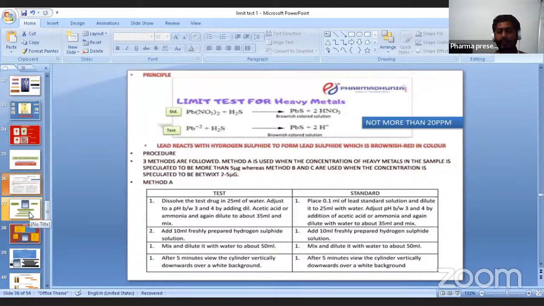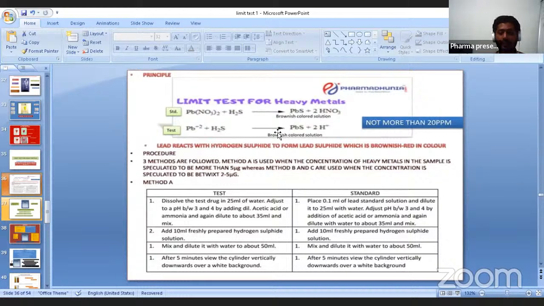So if you go towards the heavy metals, in this we have many metals, from lead to silver, gold, and many more heavy metals. All these heavy metals we will be comparing with different methods based on how much concentration of the heavy metals could be present. On that basis, we are reacting.